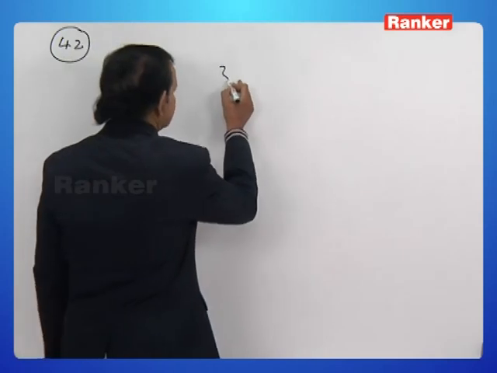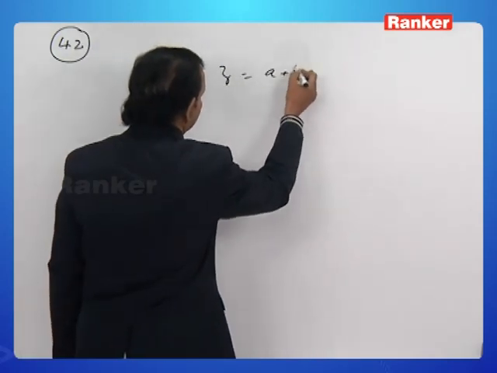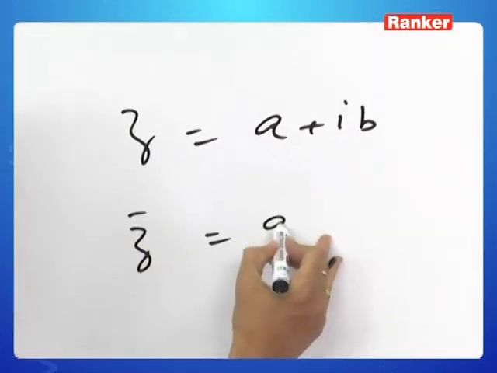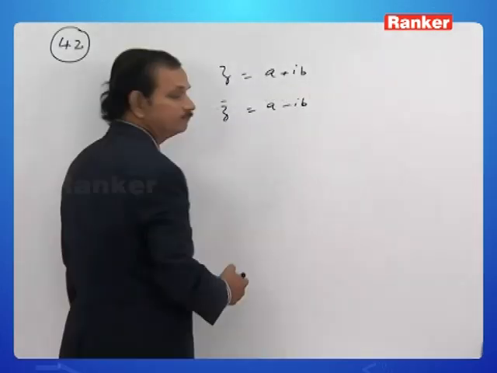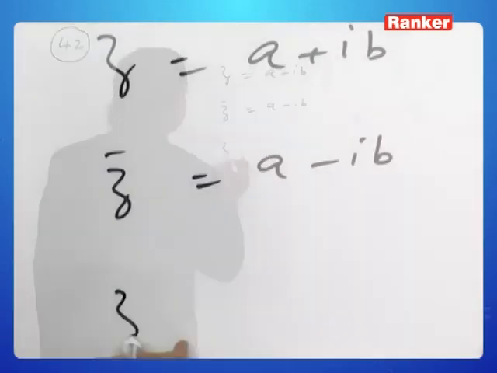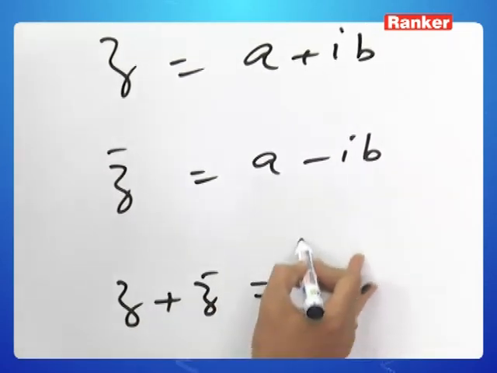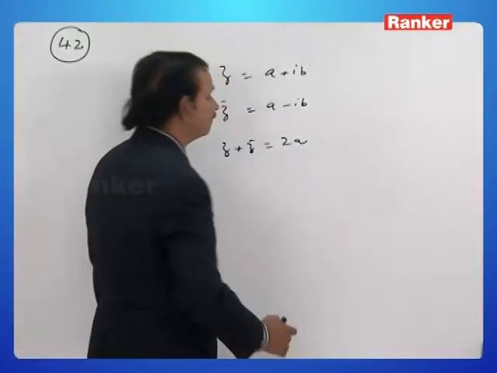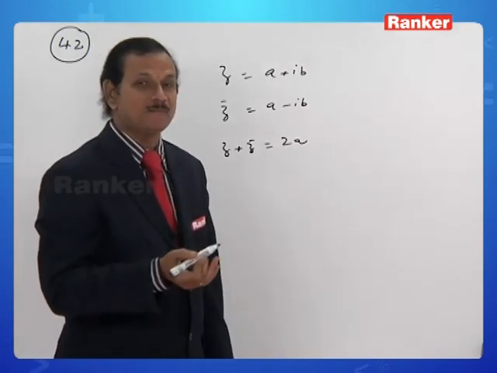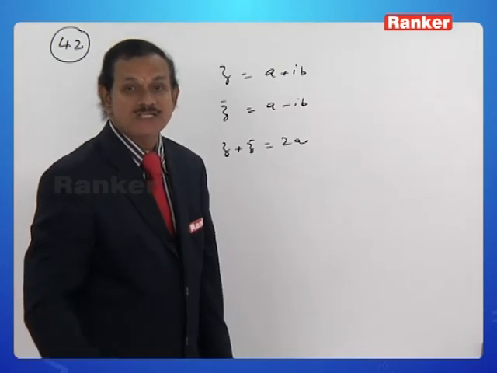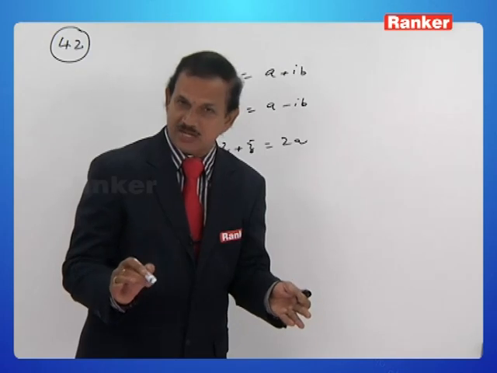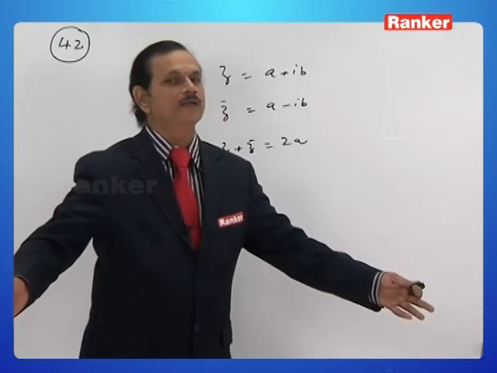Suppose Z is A plus iB. Automatically Z bar is A minus iB. Then what is Z plus Z bar? It is 2A. If Z is purely imaginary, then A must be 0, it shouldn't contain any real part.